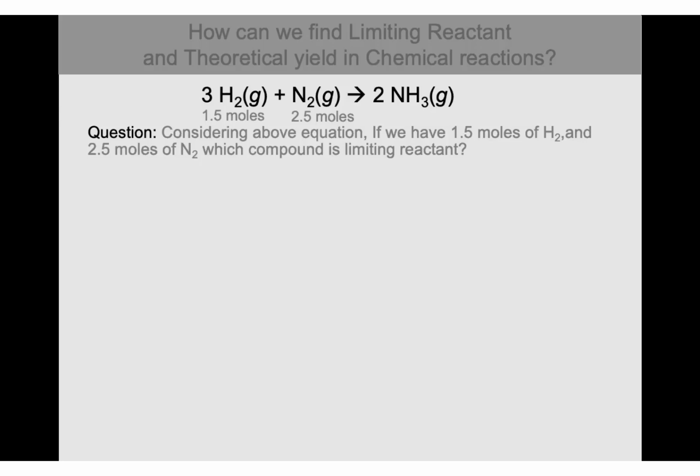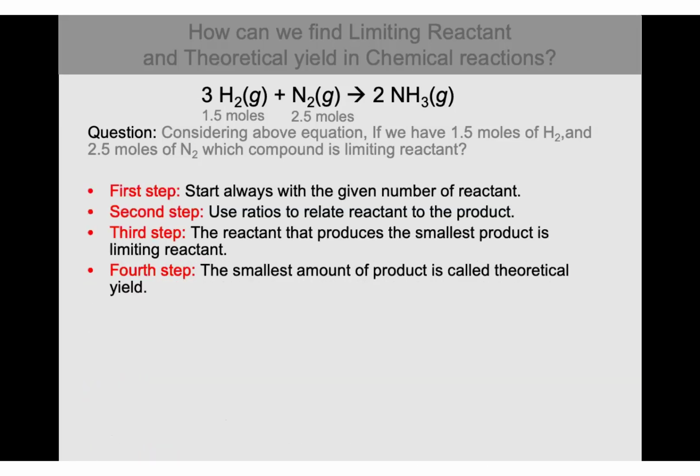So to find the limiting reactant, if you compare it with the flour and eggs, we always try to relate each reactant to product. How do we relate it? We should go back to stoichiometry.